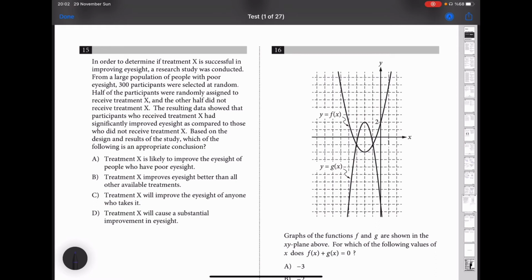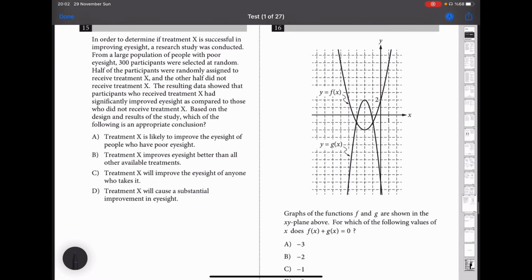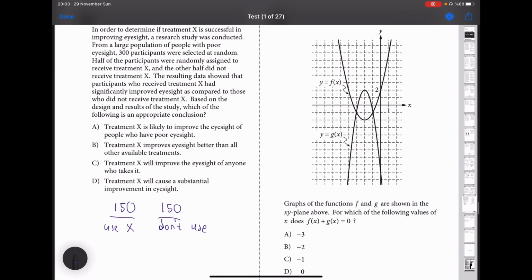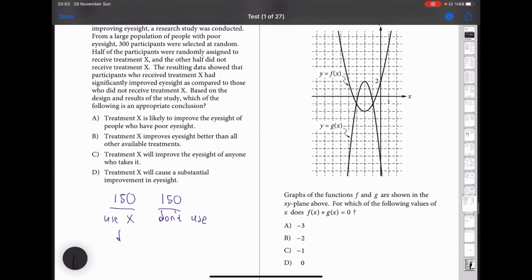Half of the participants were randomly assigned to receive treatment X, and the other half did not receive treatment X. So we have two groups: one which uses treatment X, and one which does not. The resulting data showed that participants who received treatment X had significantly improved eyesight.